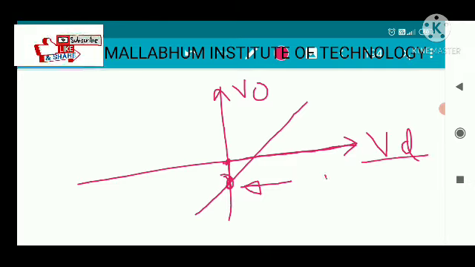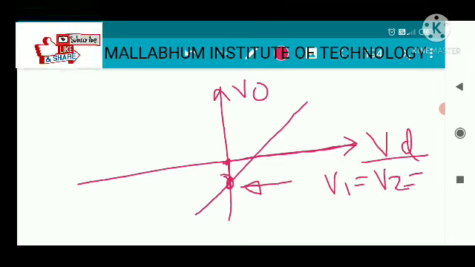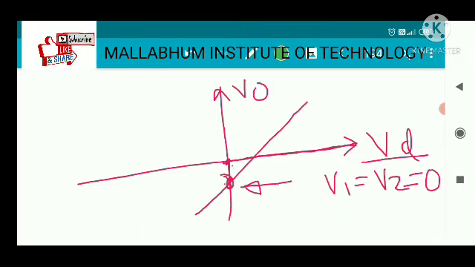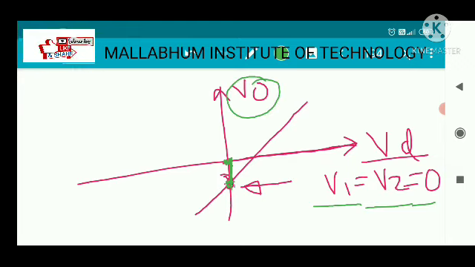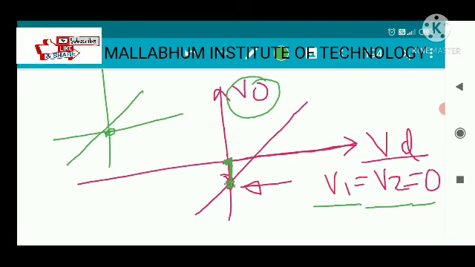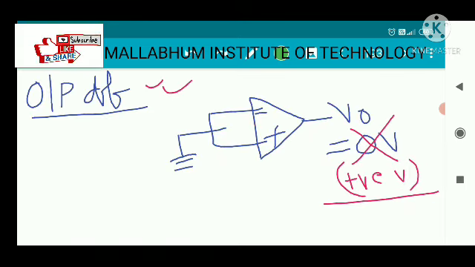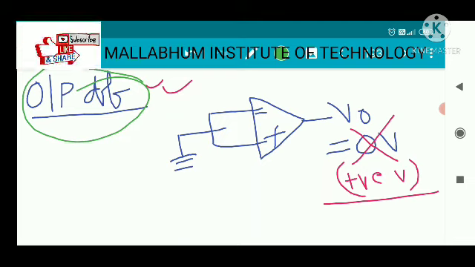We are making V1 equal to V2 equal to 0, that is Vd equal to 0, but at that point your V0 is not equal to 0. V0 is supposed to be 0 here, but it is not. There is some amount of voltage, and this voltage is called the output offset voltage.